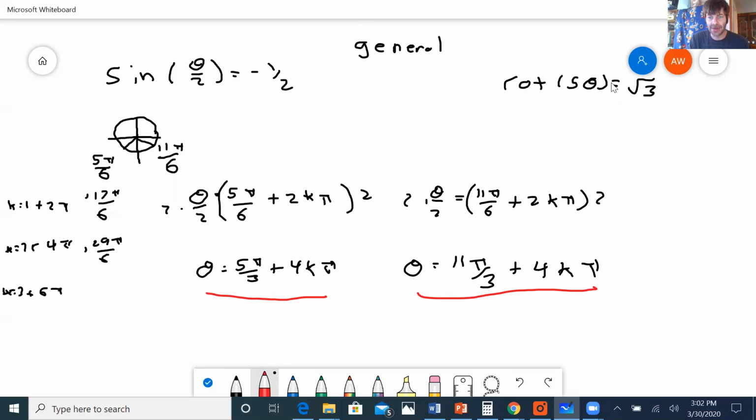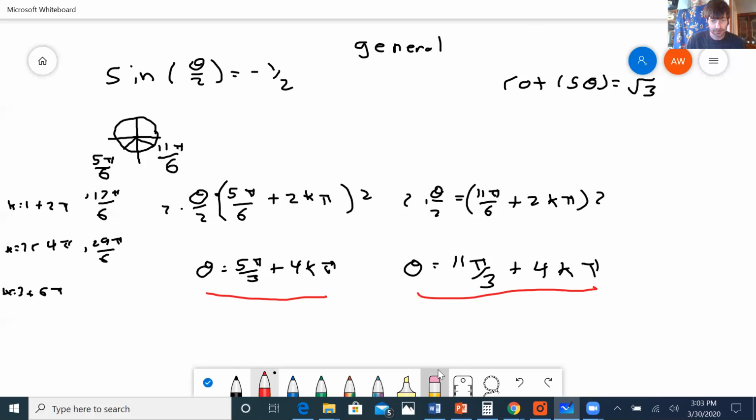All right. Now for this one, it's going to be very similar, except the period for tangent and cotangent isn't 2 pi like it is for everything else, sine, cosine, secant, cosecant. The period is pi.